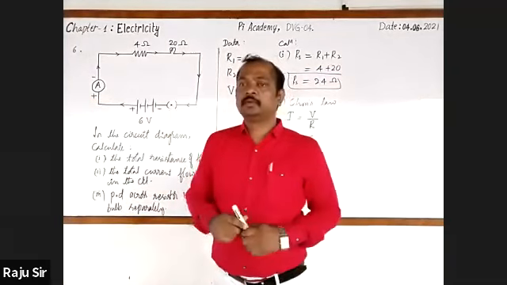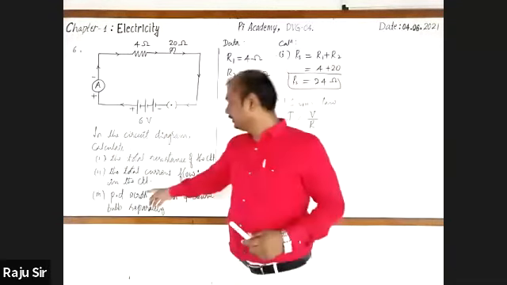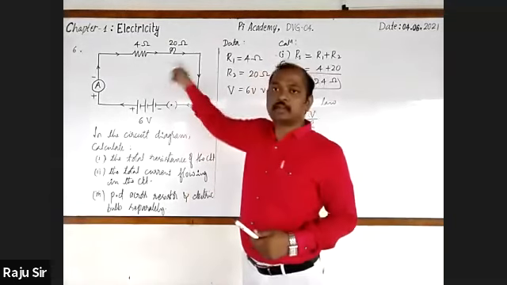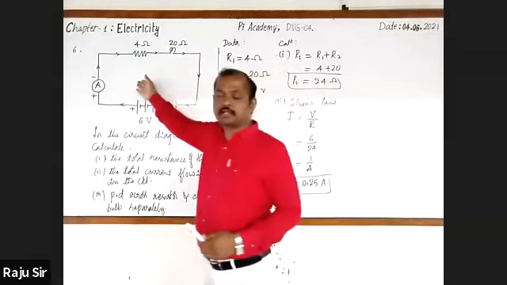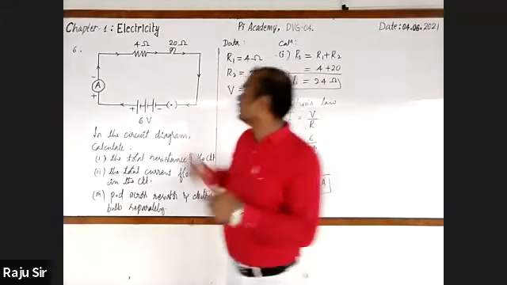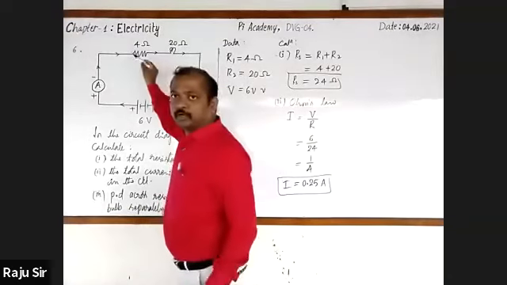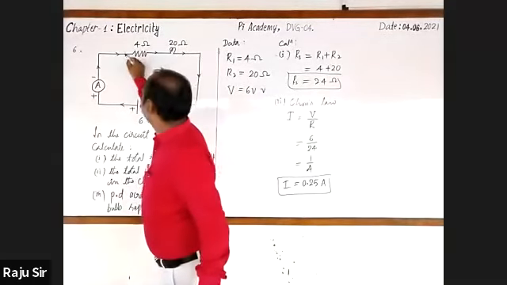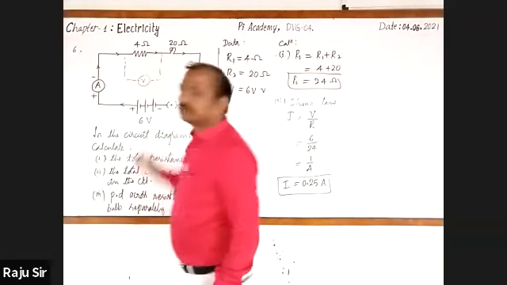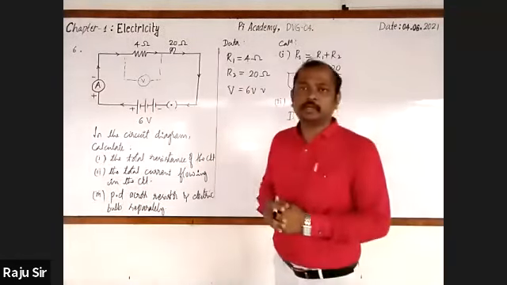Now, the third one is also very important. That is the potential difference across each resistor. To find the potential difference across 4 ohms, you connect the voltmeter here, like this. Then you will record the voltmeter reading.